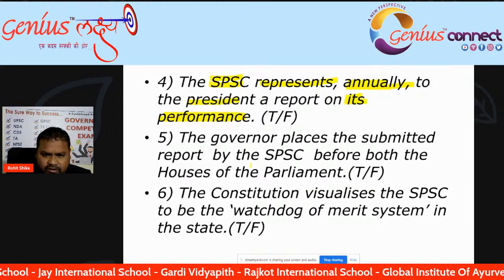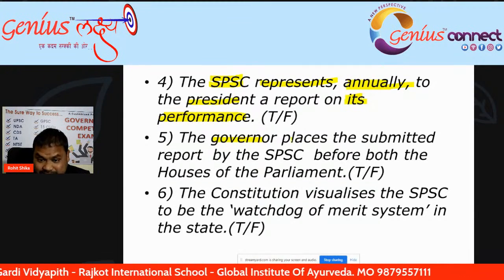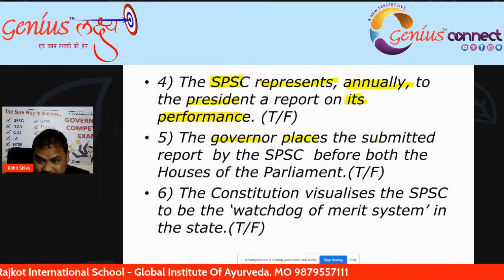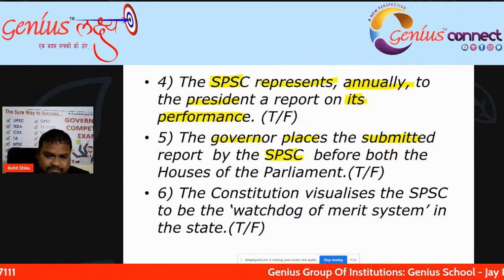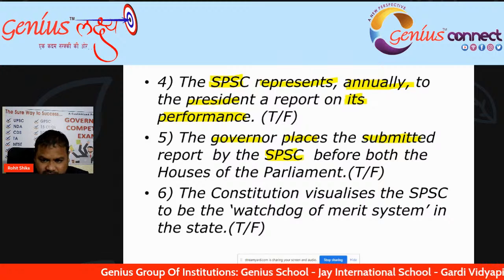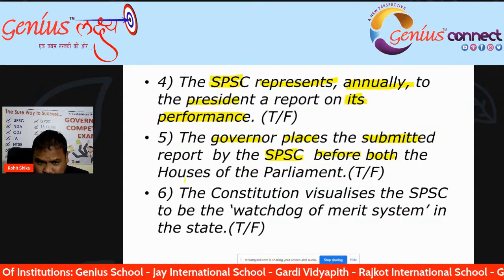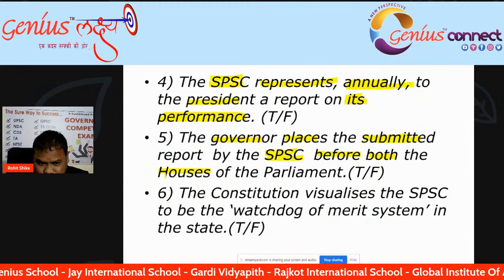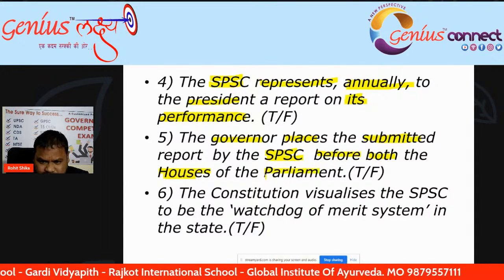The governor of a state places the report submitted by a state public service commission before both the houses of the parliament.